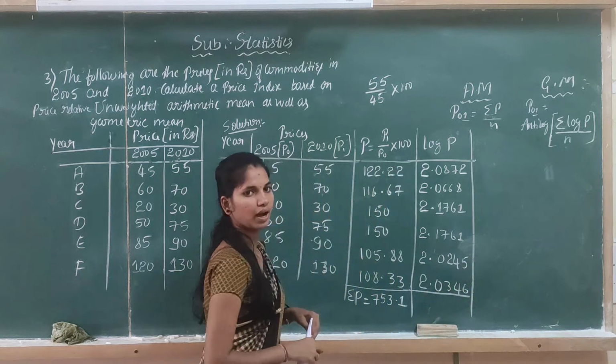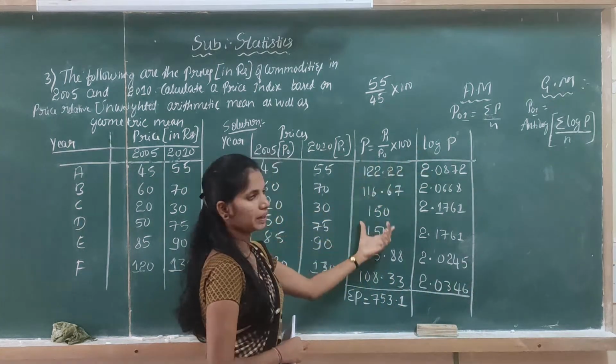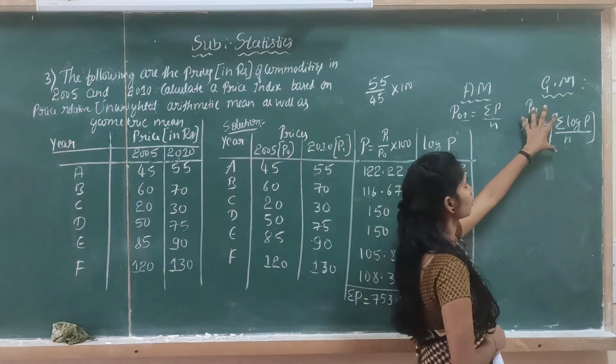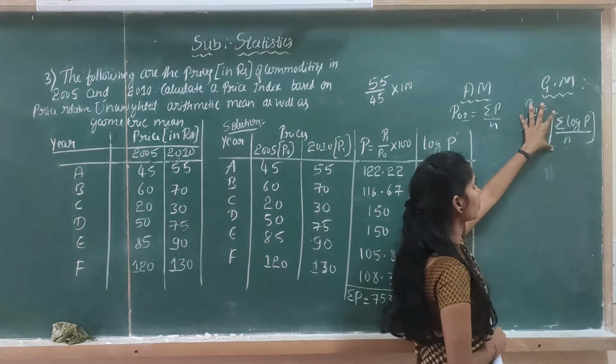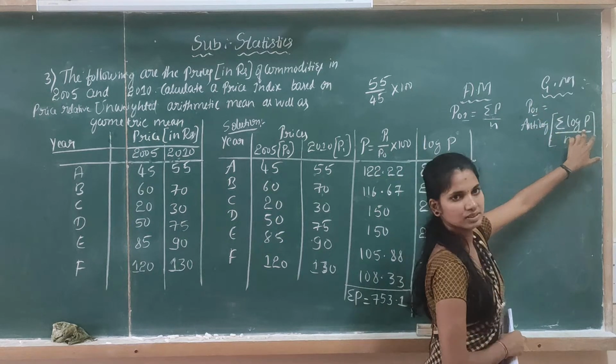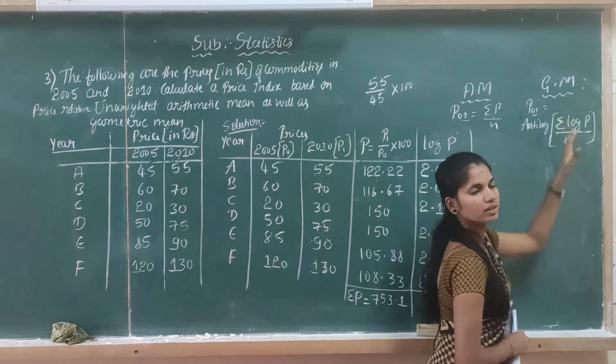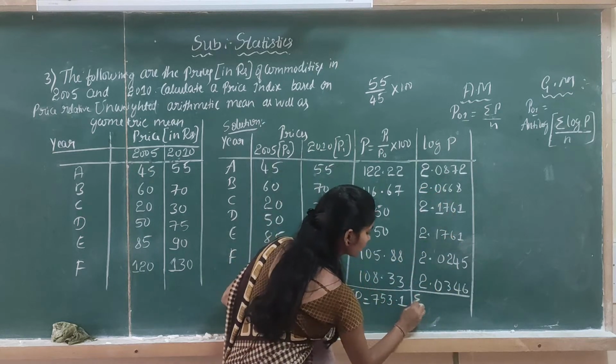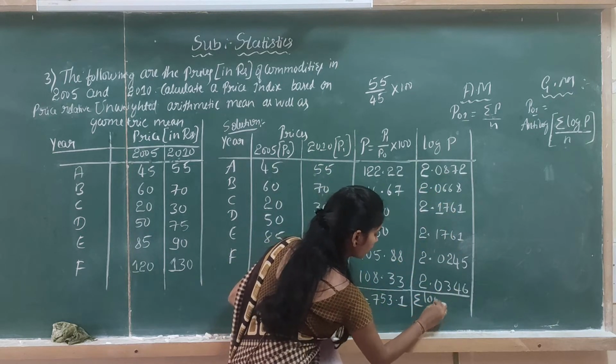This is the log value for P. Next step is to take the geometric mean formula. Summation log P is nothing but the total of log P. So the log P column is here, and the total is the summation log P.